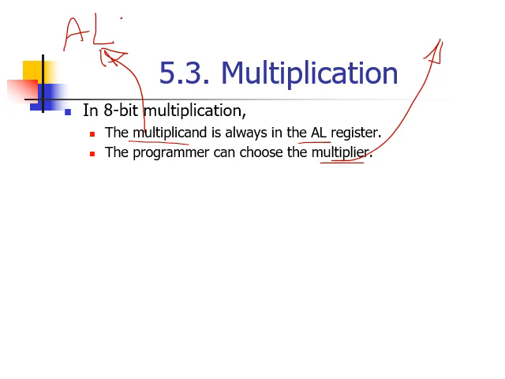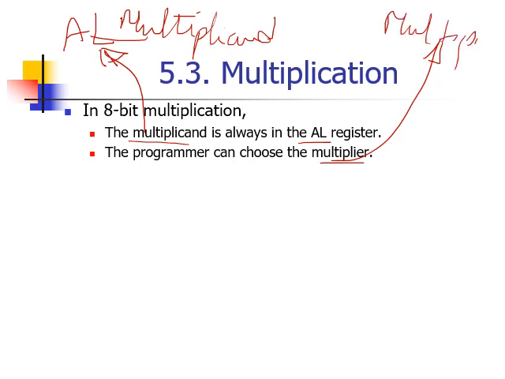So we have multiplicand placed in AL, multiplier determined by the user.